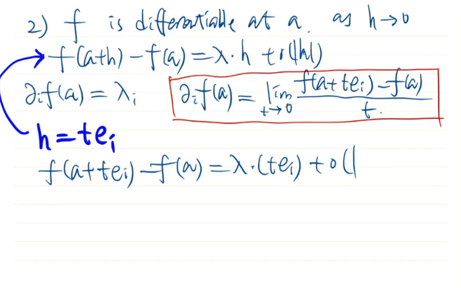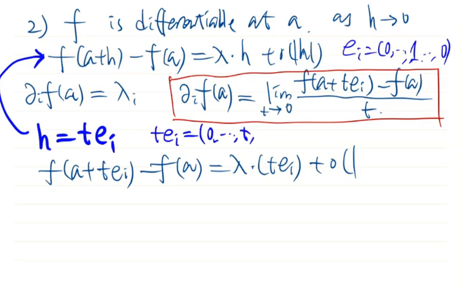What's ei? Ei is (0, 1, 0), so tei is (0, t, 0).